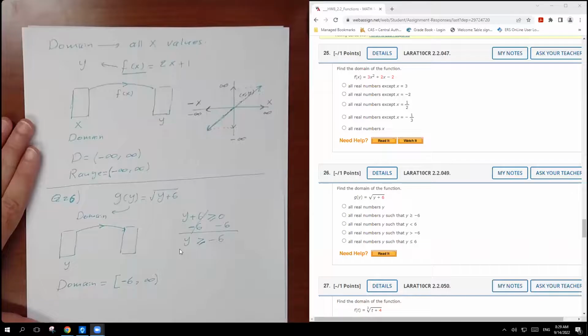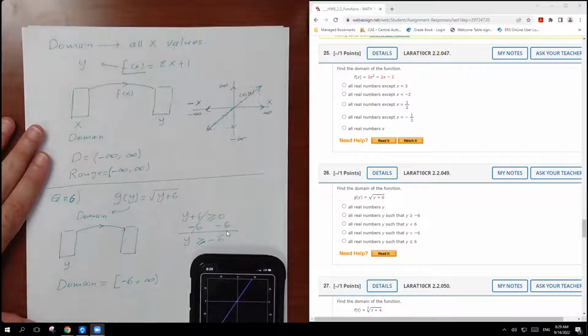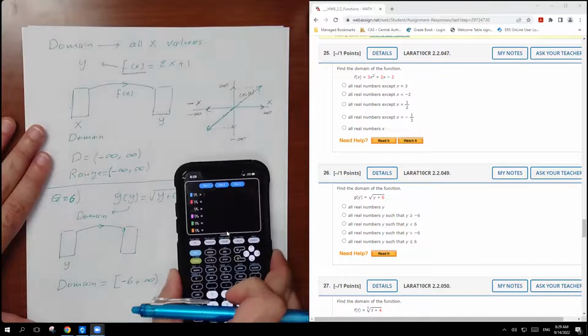Now let's check that within the graph, and is that our domain? So if I want to graph it, I'm just going to clear this one. So I'm going to say square root. How are we going to type the square root?